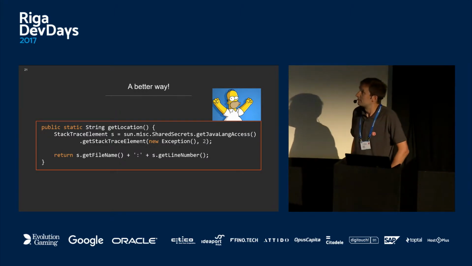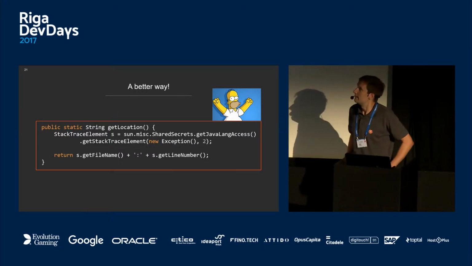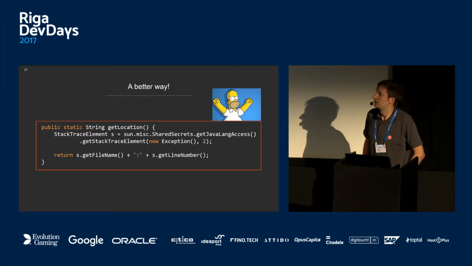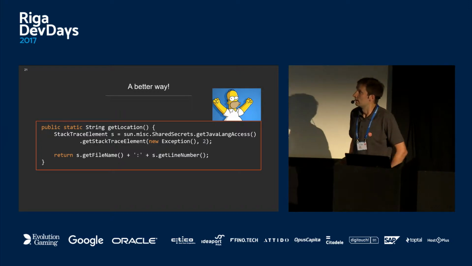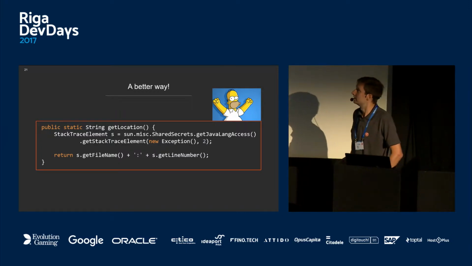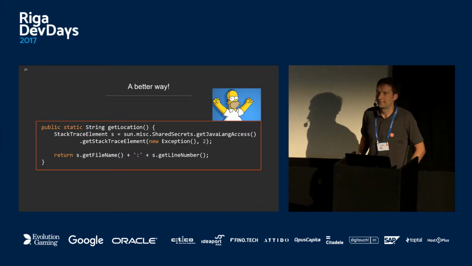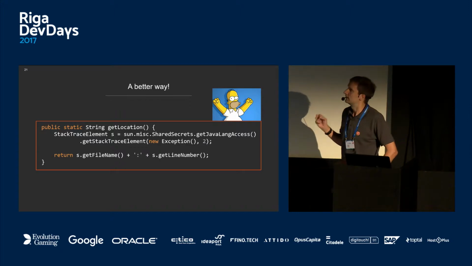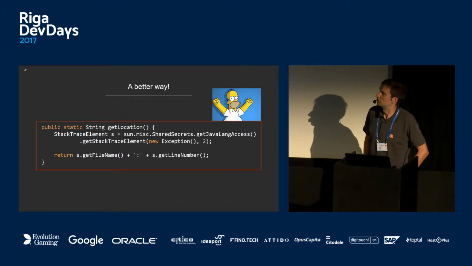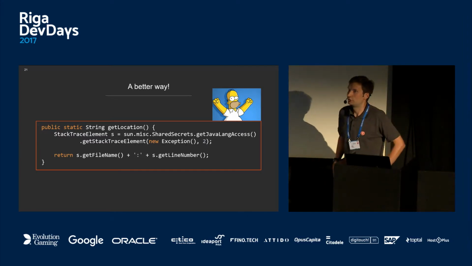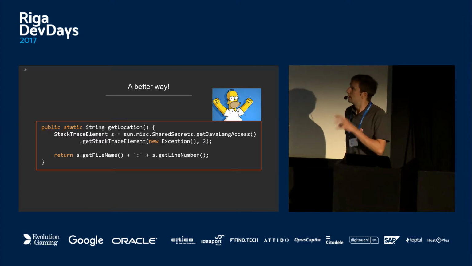However, there is a secret method to get this location information faster. There is an interesting class named SharedSecrets in the JDK, and it can access not the whole stack trace, but the particular stack trace element from this exception's stack trace. So we don't need to convert all stack trace elements, just the element we need.